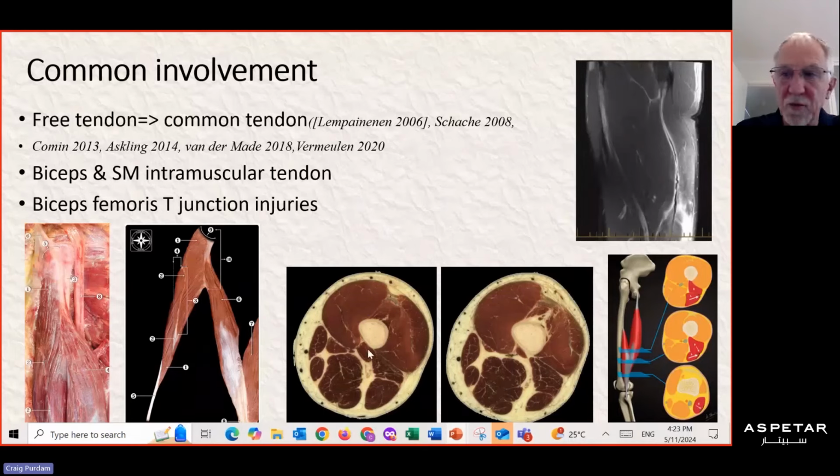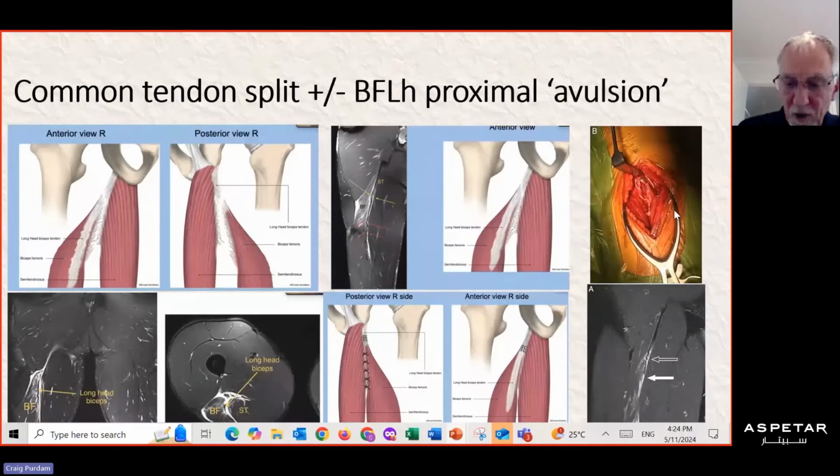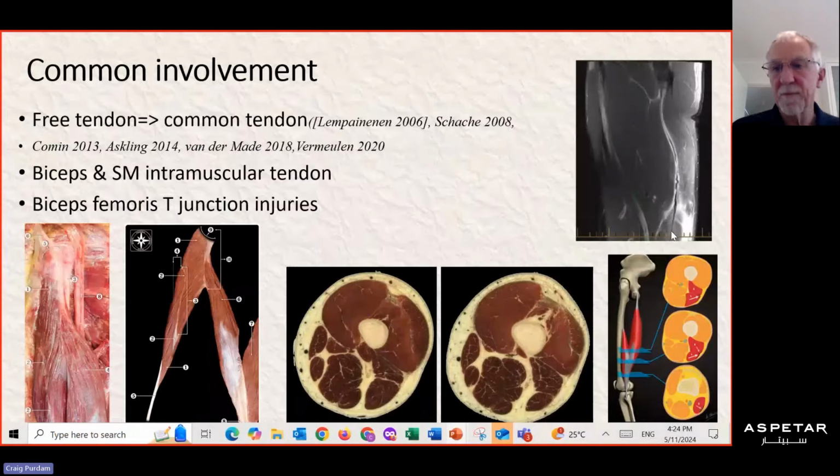We can also see intramuscular tendon injuries, either of the free aponeurosis of semimembranosus, or also down into the intramuscular portion of the terminal filament of the semimembranosus tendon as well. And of course, that is it here. So these structures.